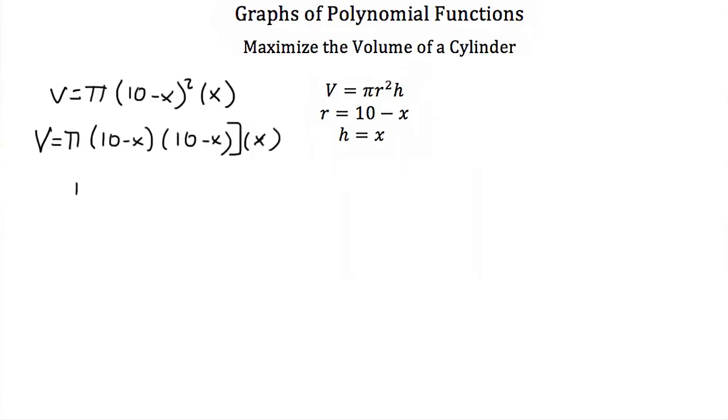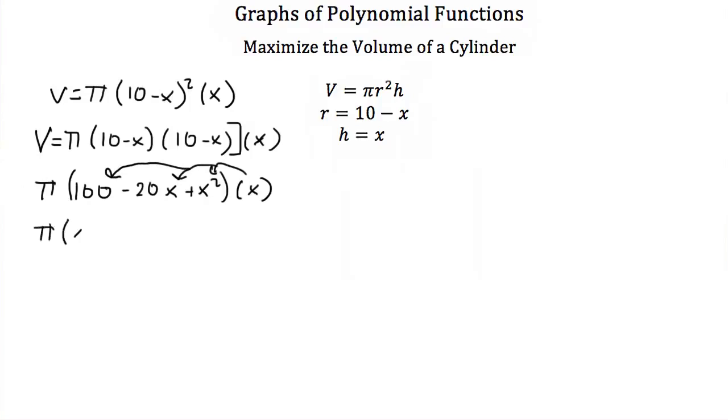We'll get a 100 minus 20x plus x squared. This is all still multiplied by pi and still multiplied by x. Now if I carry my x into the parentheses, I'll end up with pi times x cubed minus 20x squared plus 100x.